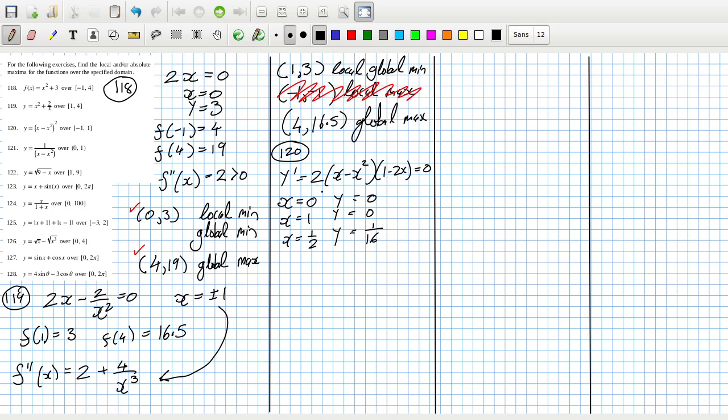Let's just calculate the ends, minus 1 and 1. So when x equals 1, oh, we've done that already. And when x equals minus 1, 1 minus 1 minus 2 is 4. Okay, so that looks like the global max, the absolute max.